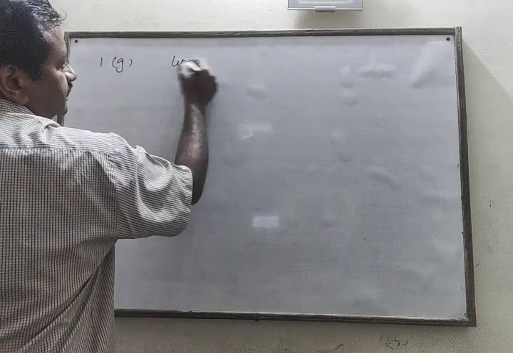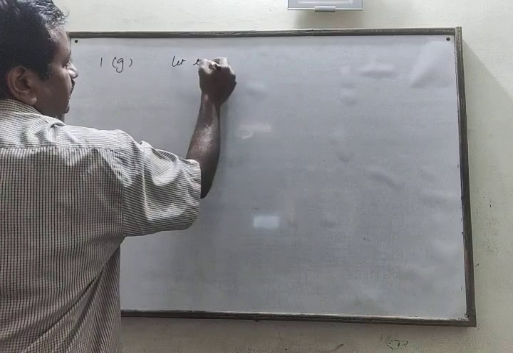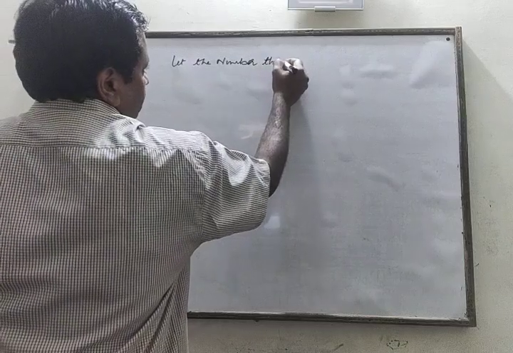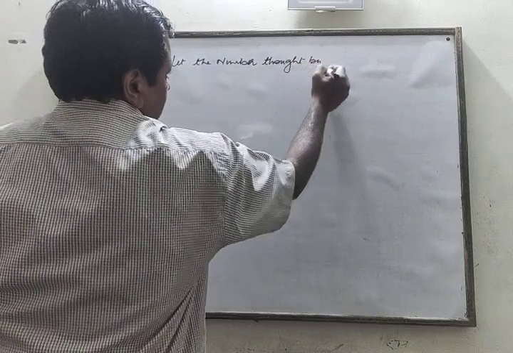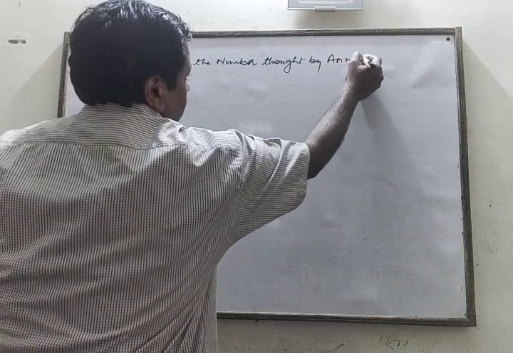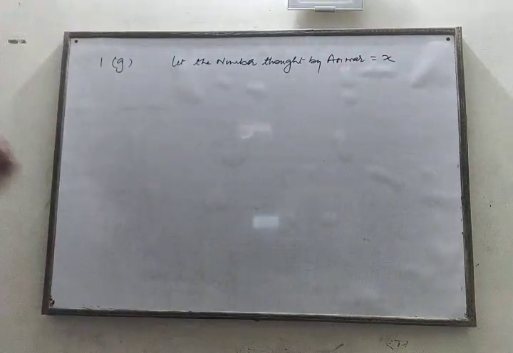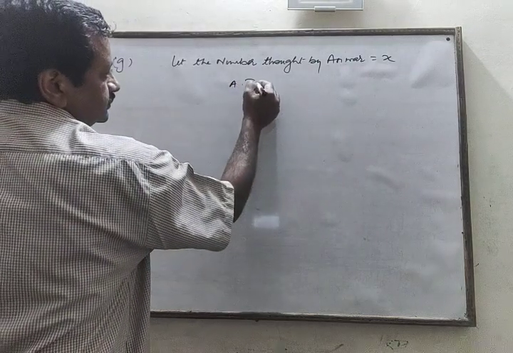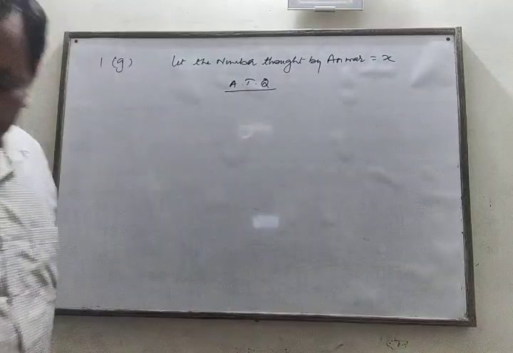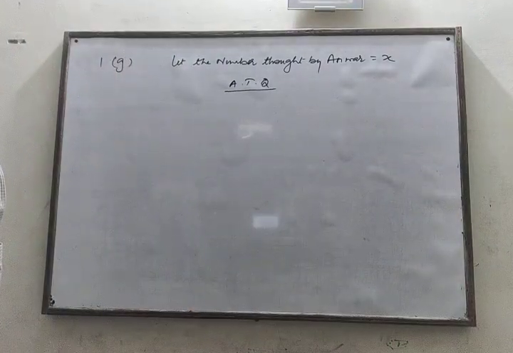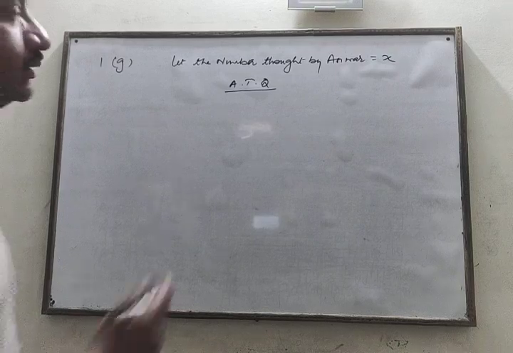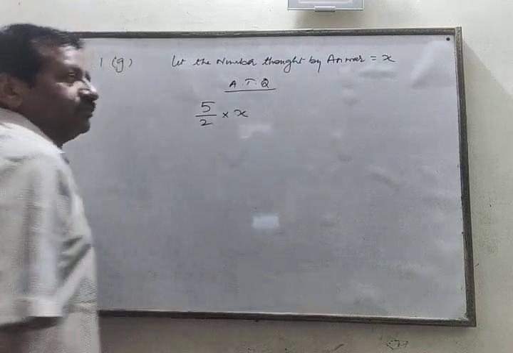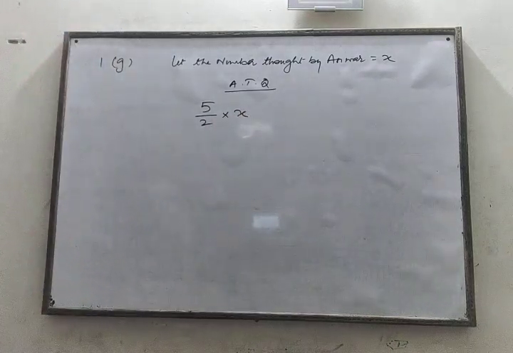Let the number thought by Anwar be x. According to the question, the number written after from is 5 upon 2 of the number. 5 upon 2 of means multiply. The number means the number thought by Anwar, x.